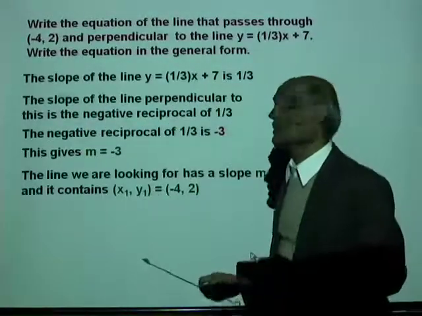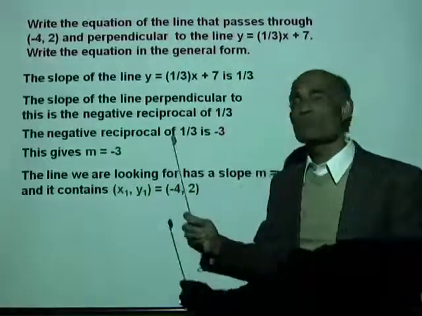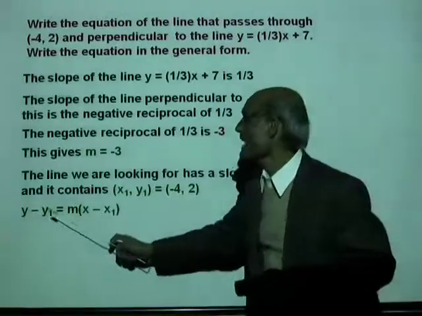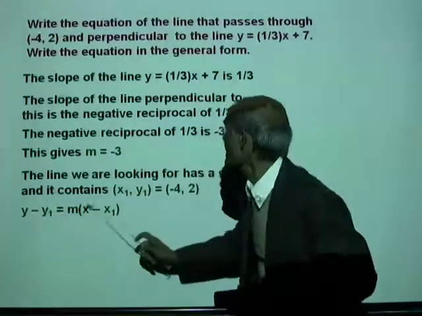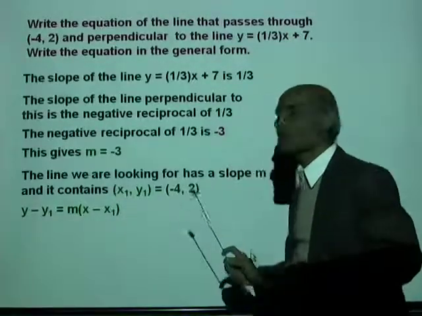And so we will now write the equation y minus y1 equals m times (x minus x1). Our y1 is 2, x1 is -4.